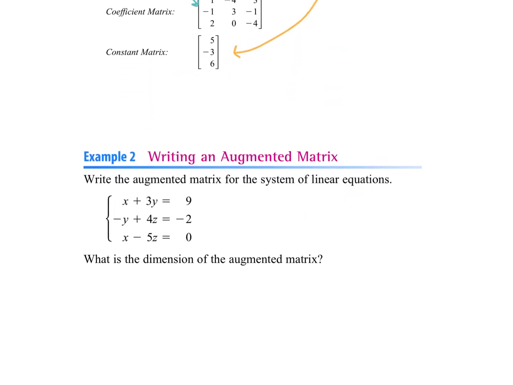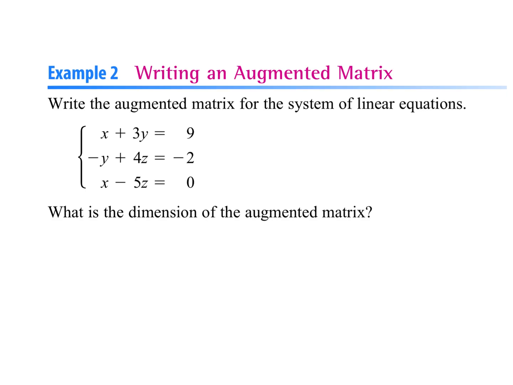So example 2 says write the augmented matrix for the system of linear equations. In our augmented matrix, we're going to have an X column, a Y column, a Z column, and an answer column. So what would the first row of my matrix be?